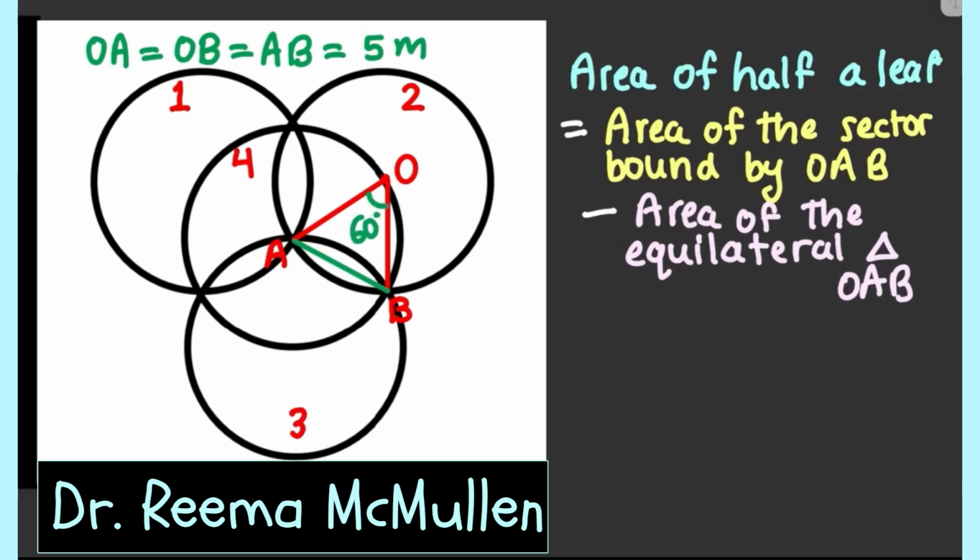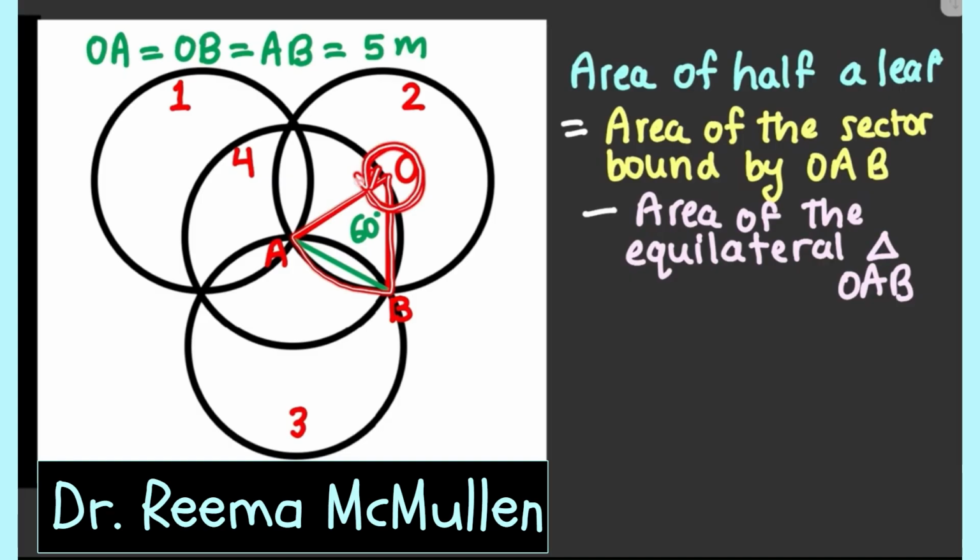Well, each of the internal angles of an equilateral triangle is 60 degrees. So 60 degrees is 1/6 of 360 degrees. Why are we talking about 360 degrees? Because we know that to go around the circle, we travel an angle of 360 degrees.